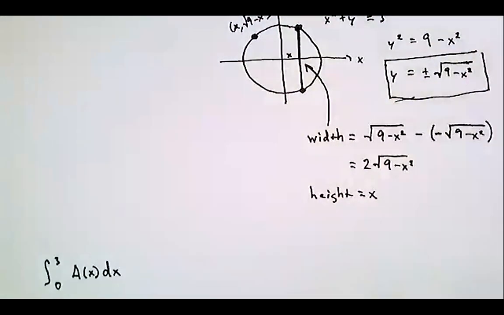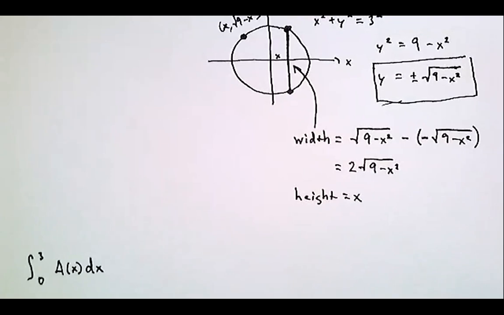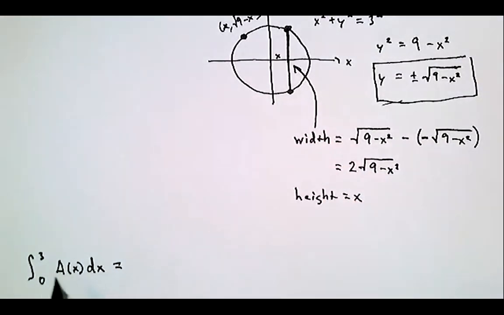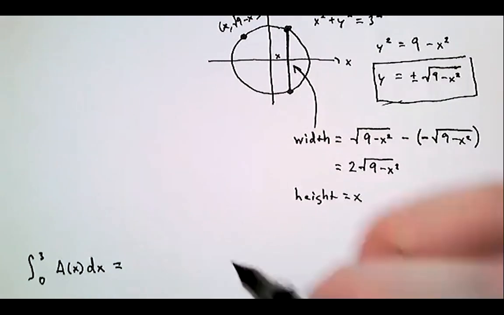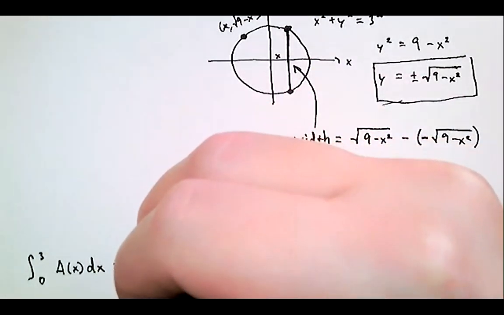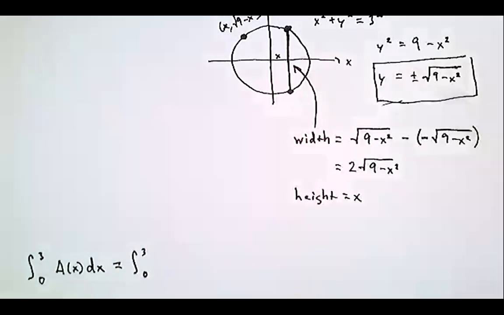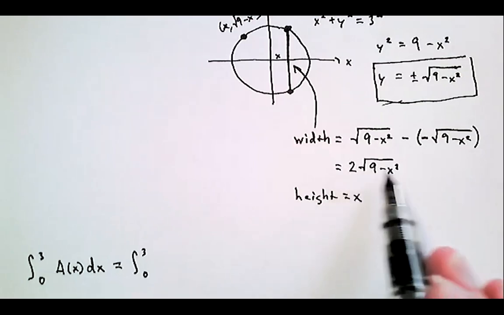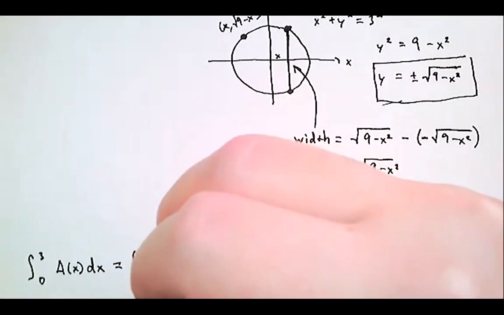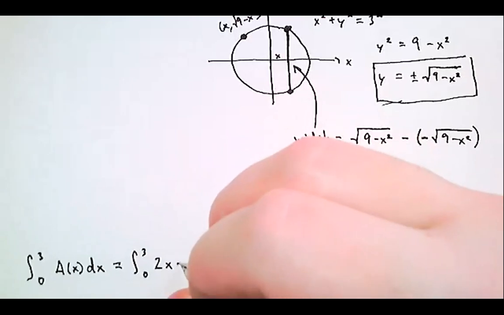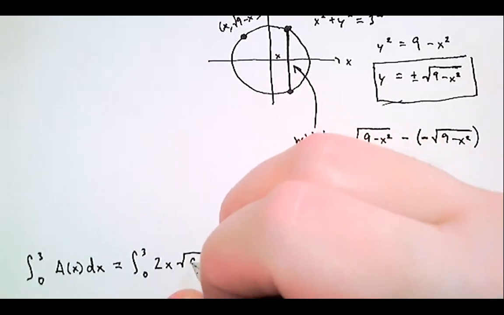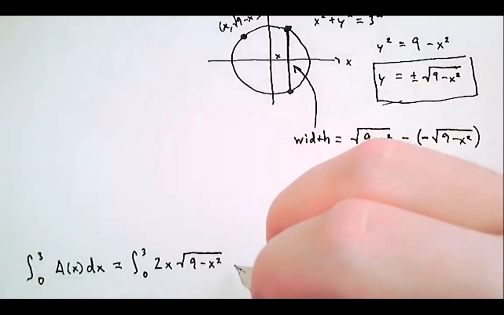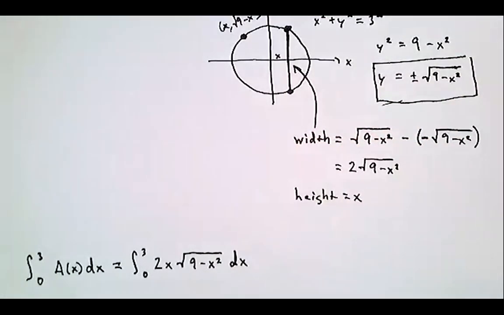So this is what the formula looked like from last time. And we just have to plug in our cross-section areas. So that's going to be the height times the width. So x times this. Okay, and then a dx to finish off.